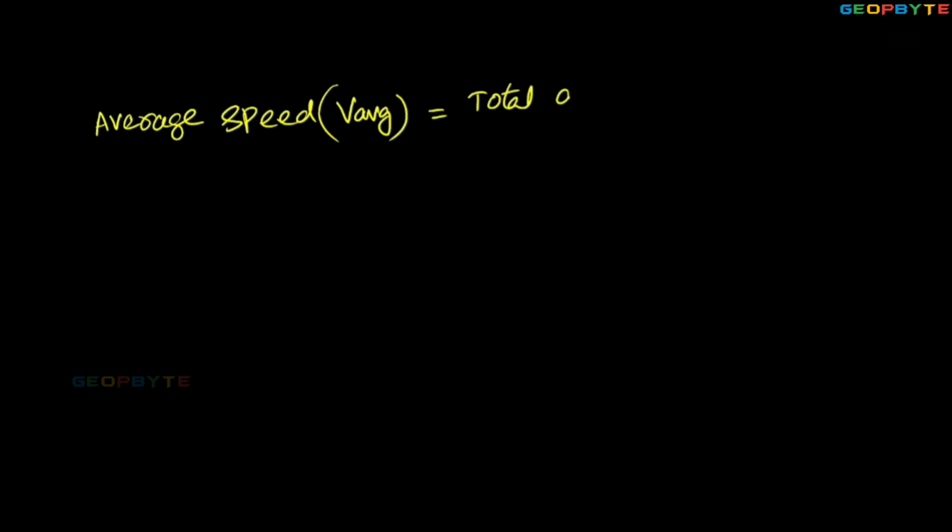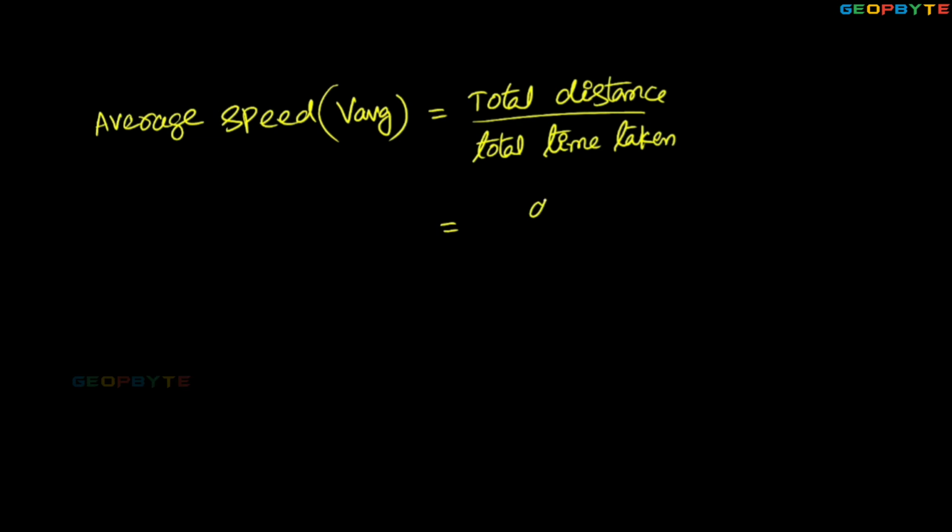As you know, average speed V_avg equals total distance traveled divided by total time taken.